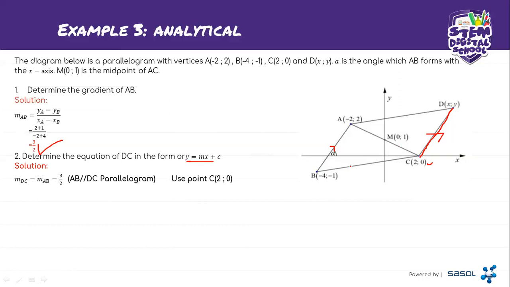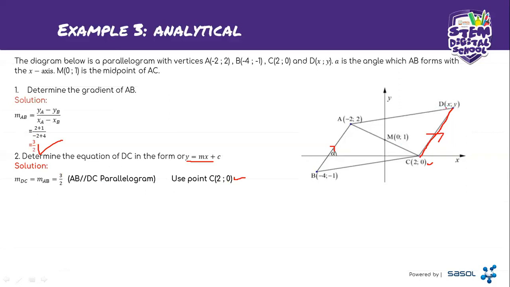The gradient of the line that we are looking for the equation of is 3/2, because we calculated it in the first question. And the point that we're going to use is point C (2, 0). That is the only point that we can use because it's the point on this line.